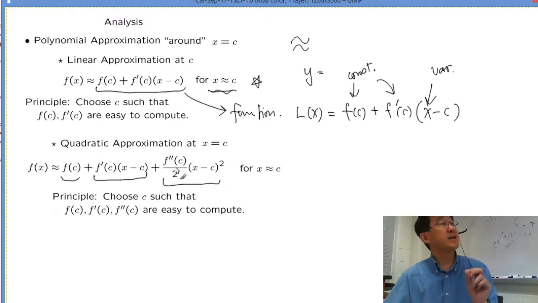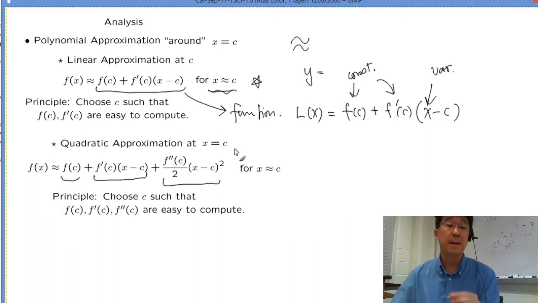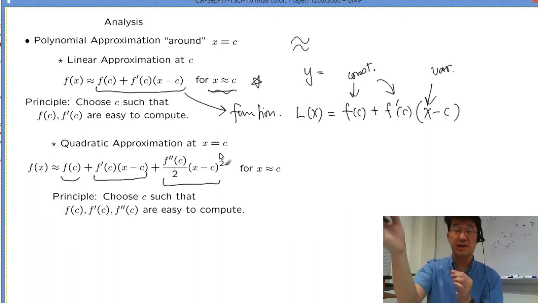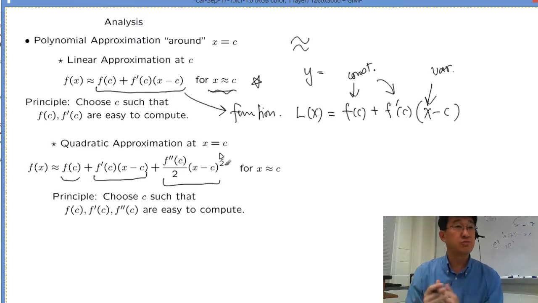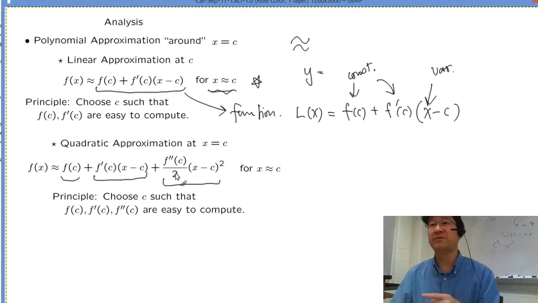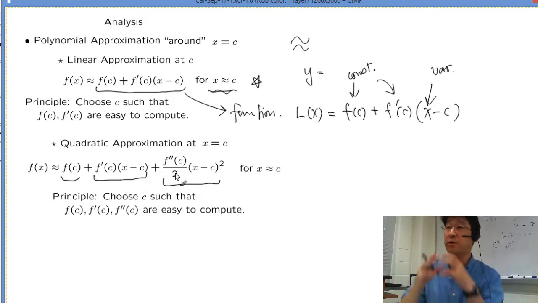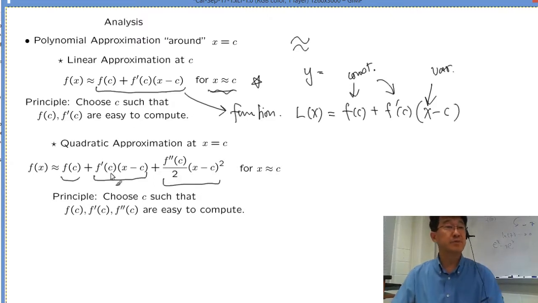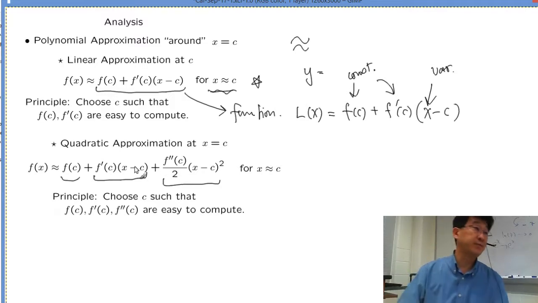It has x minus c just like a tangent line, but it has to be raised to the second power to make it into a quadratic function. And the coefficient here, f double prime of c divided by 2, is another thing you have to remember. The analogous part is f prime of c is involved in the next part, f double prime of c.